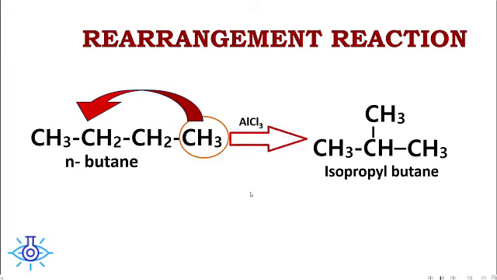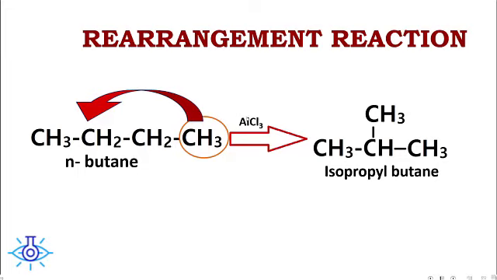So after the rearrangement, we find the same number of carbon atoms and the same number of hydrogen atoms in both the compounds. In n-butane also, there are 4 carbon atoms and 10 hydrogen atoms. In isobutane also, there are 4 carbon atoms and 10 hydrogen atoms, which means these two compounds are isomers.